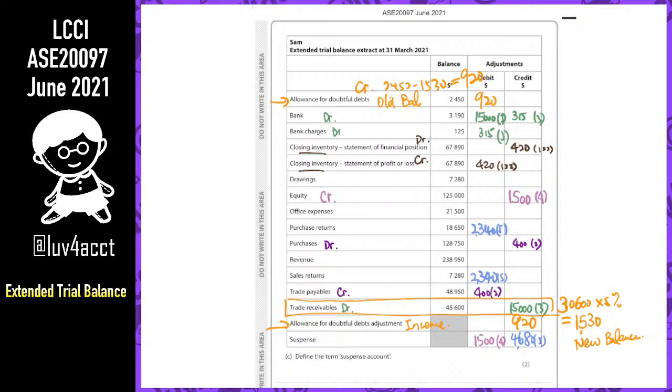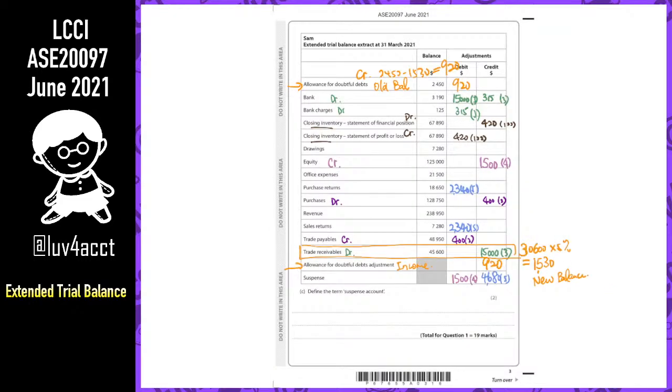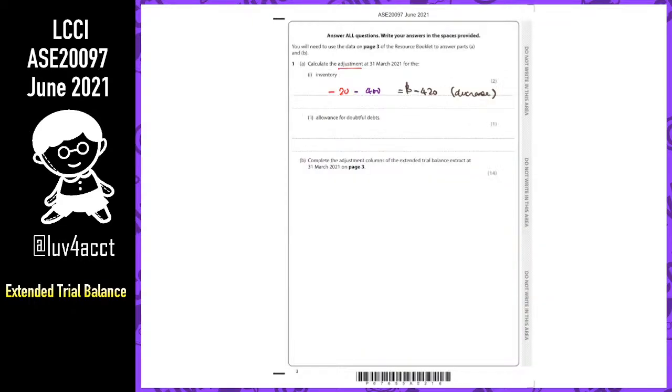Going back to part A, A2, what is the allowance for doubtful debts adjustment? You have negative 920, a decrease again.